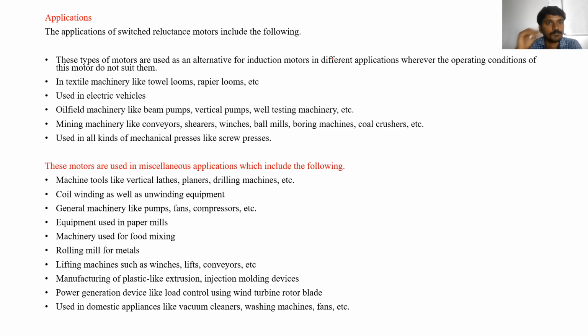Applications: we can use switched reluctance motors in textile machinery like towel looms, repair looms, and hand looms. We can use them in electric vehicles, testing machinery, mining machinery, conveyors, ball mills, boring machines, coal crushers, and some mechanical presses like screw presses.